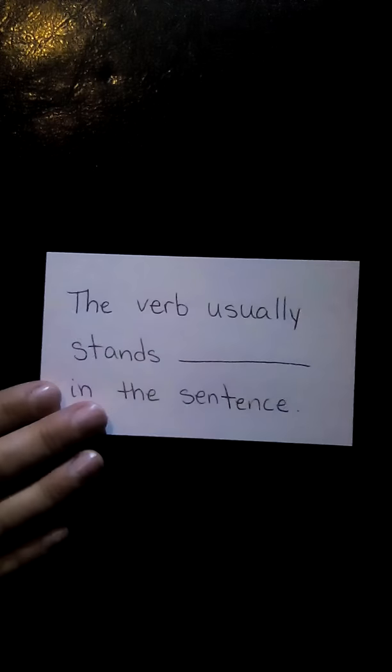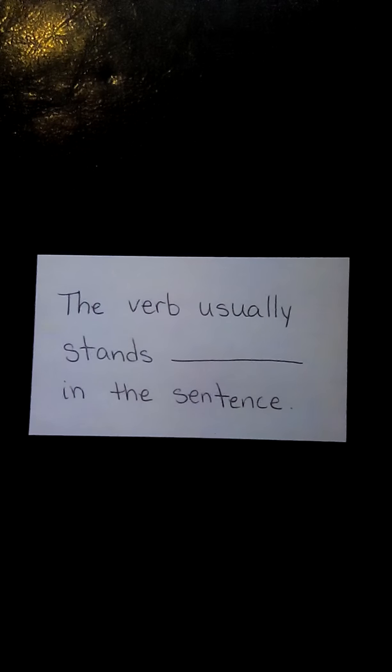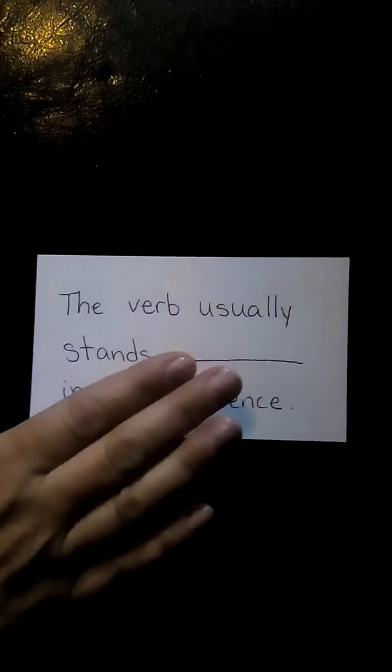Next up, the verb usually stands where in the sentence? When you're translating from English into the Latin, where do you put your verb? Well, it usually stands last in the sentence. Find more on page 14.